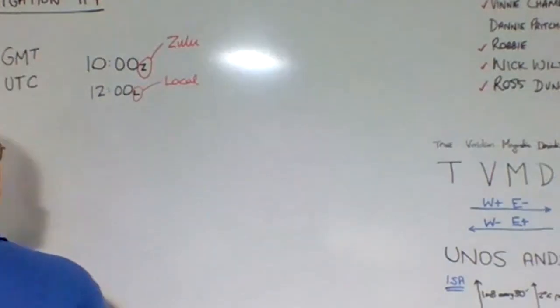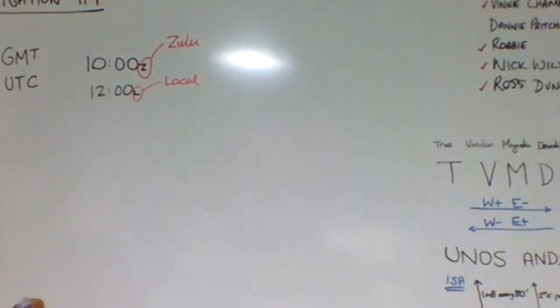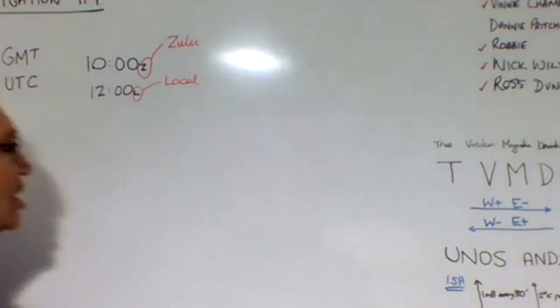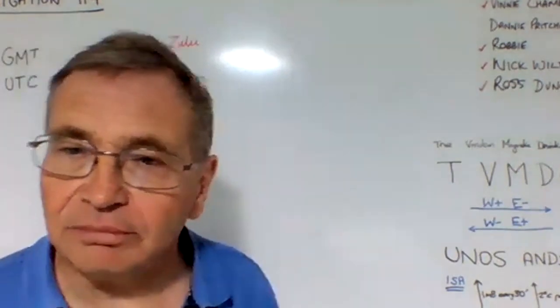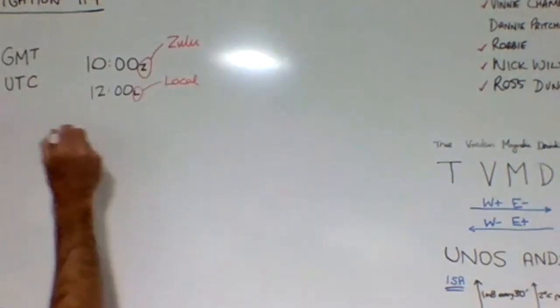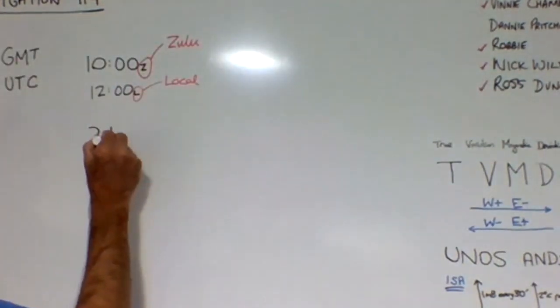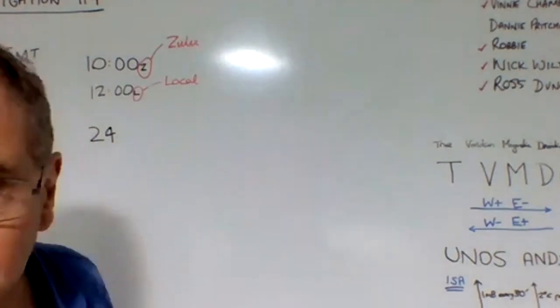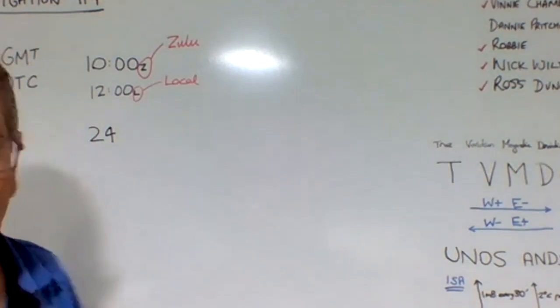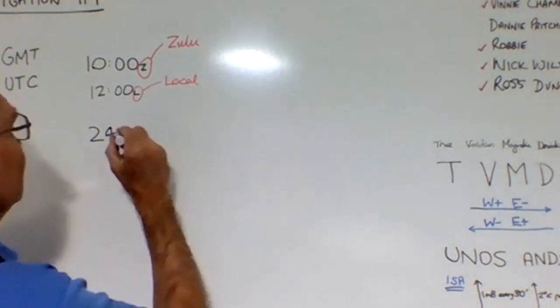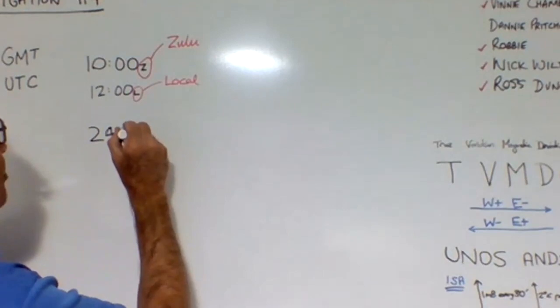Sometimes, particularly in TAFs and METARs, you'll see things like, for example, 2417.